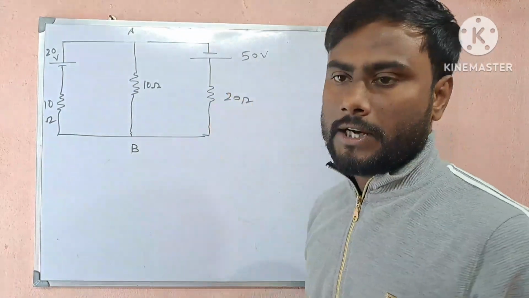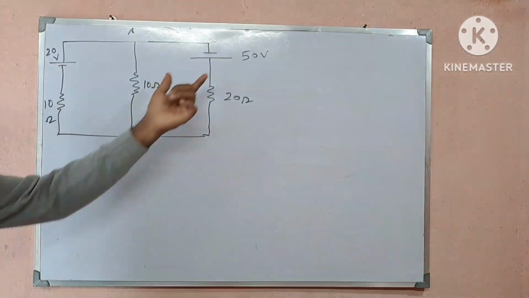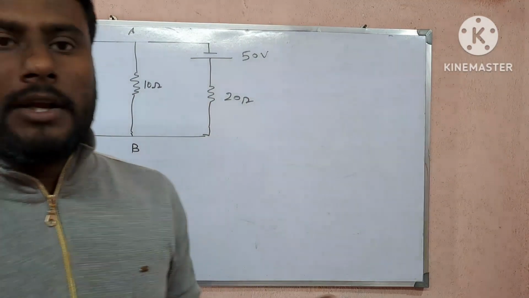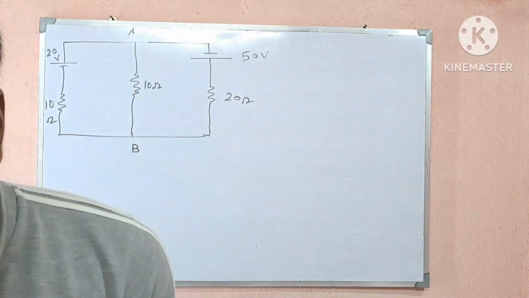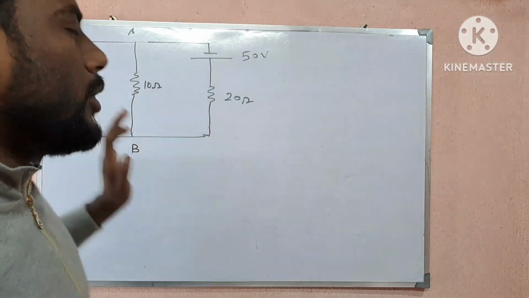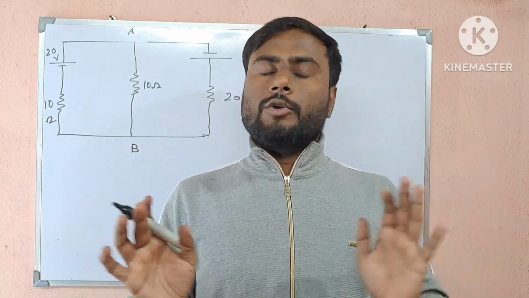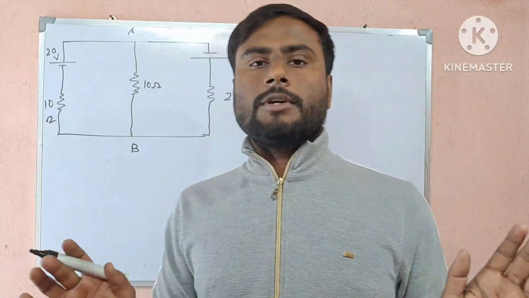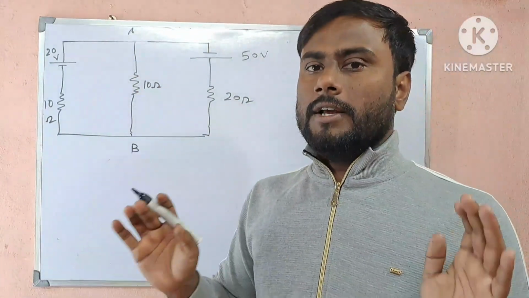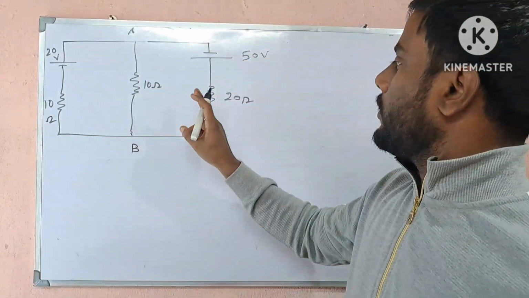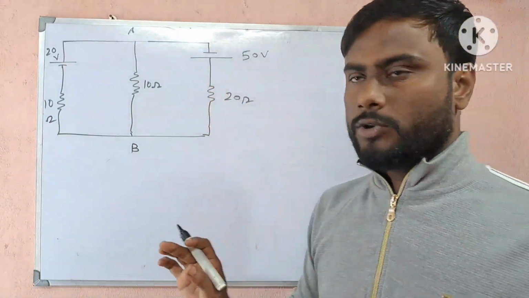Here 50 volt is the larger one, so we will break the currents from this 50 volt. It will be easier to solve the numerical. Okay, if you use this 20 volt, no problem will be there. Easily you will be able to match the answer, but it's my personal experience. If you use the larger one, it will be easy.